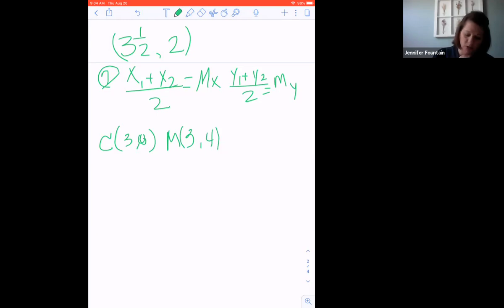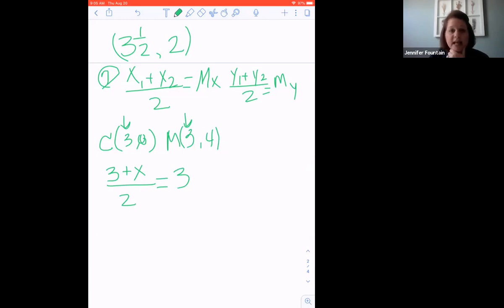We'll put 3 in for our x1. We'll put x for x2, divided by 2, is equal to our midpoint x value, which is 3. So we're using x as our variable for the unknown second number, divided by 2, set equal to 3.